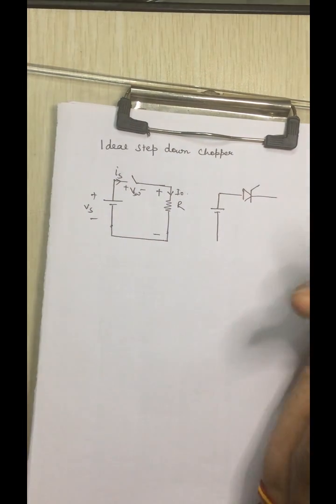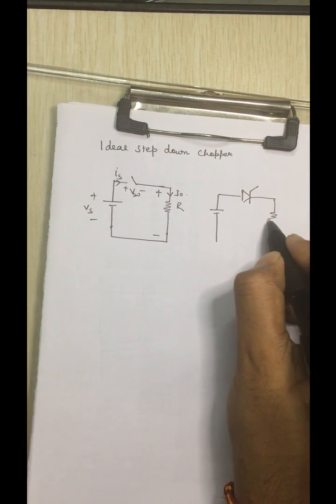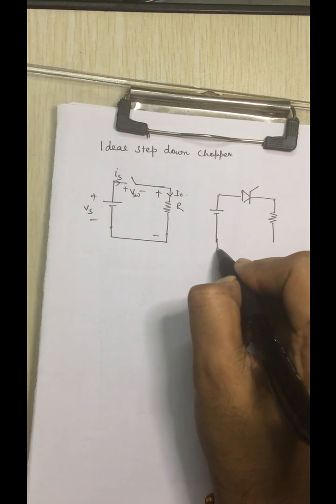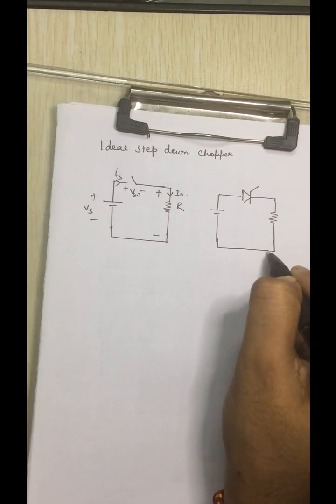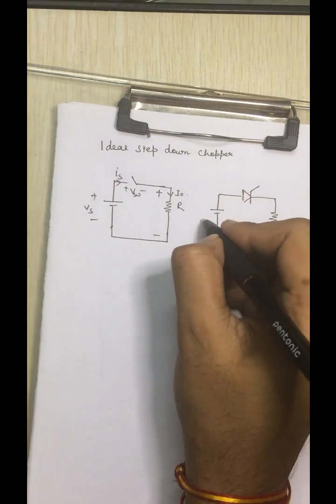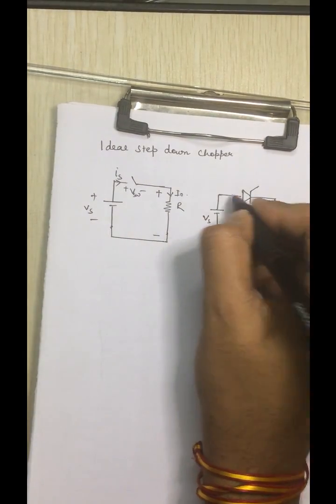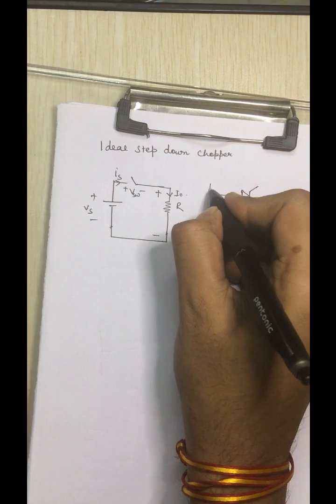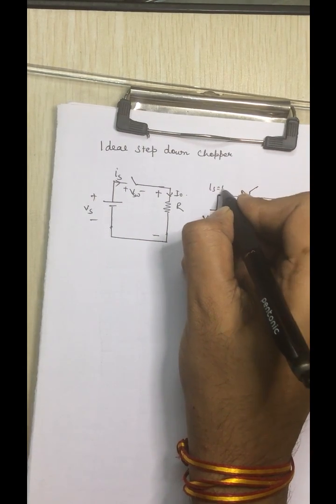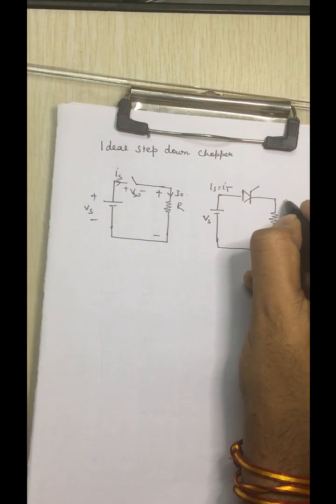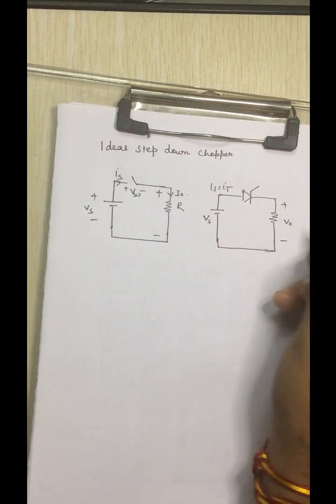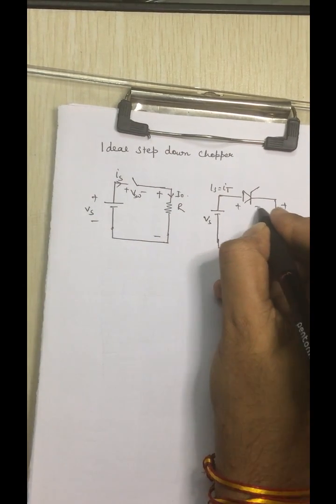I hope you all are familiar with all the power electronic switches, that's why I'm not discussing it over here. If you are facing any problem related to the power electronic switches, then I will make another lecture related to that. Okay. IT, plus minus VT.